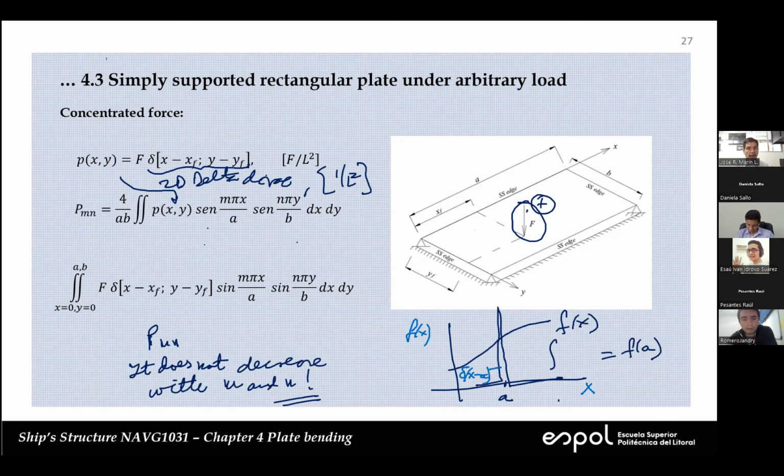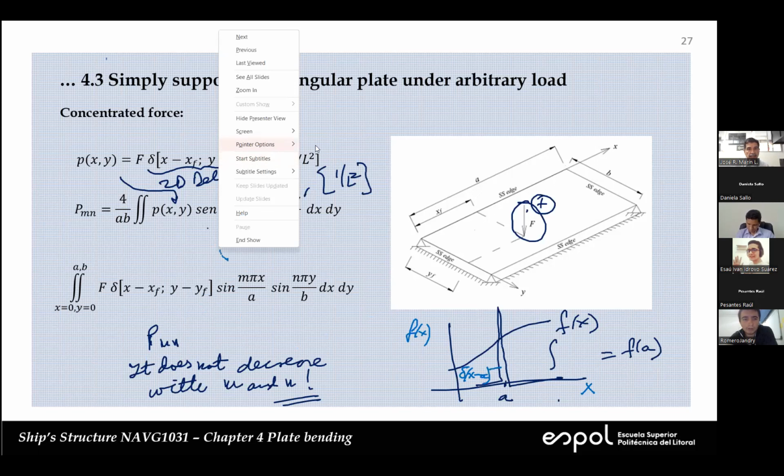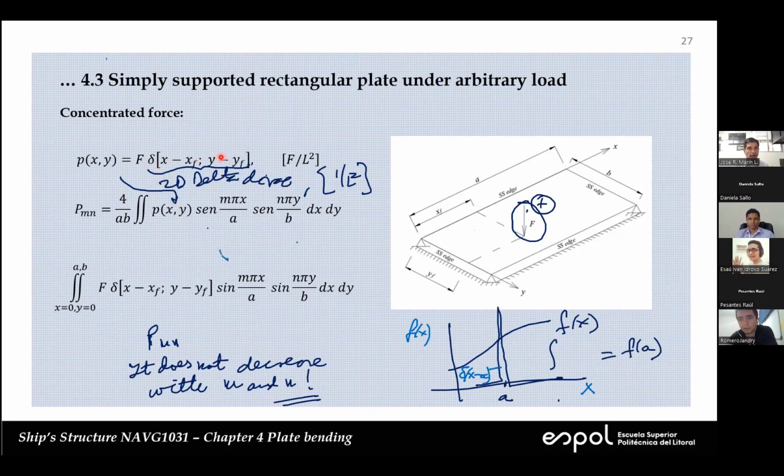So if we apply that in our case, what we have to do is evaluate this function at the point where we apply the force, but we have to be careful because this point is specified with two values, x and y.